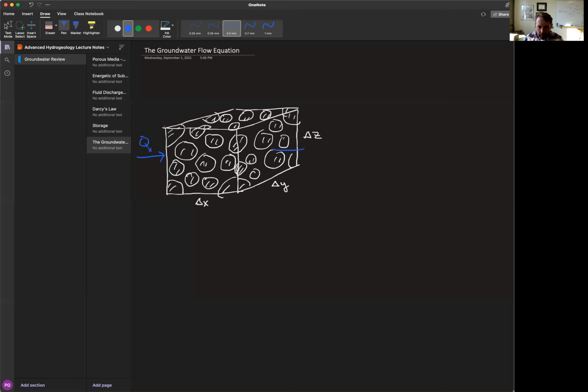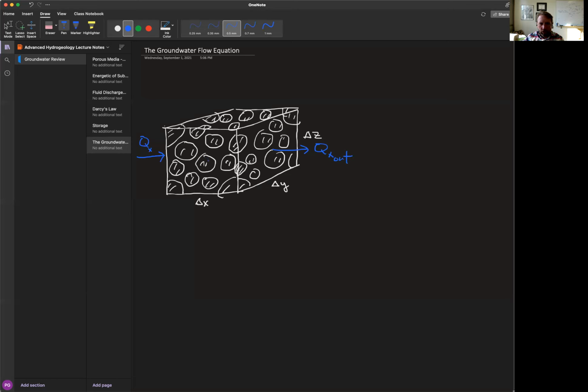And then we've got water exiting the media, which is Q sub X out. And for now, let's only consider one-dimensional flow in this X direction.